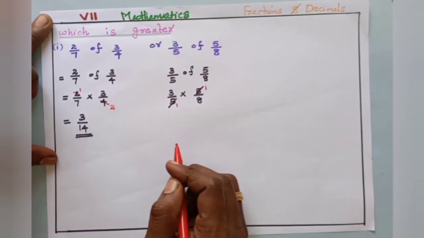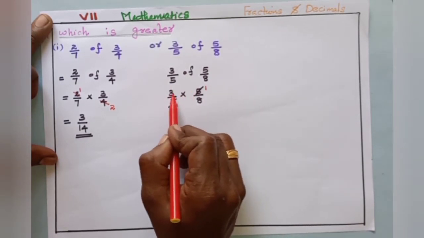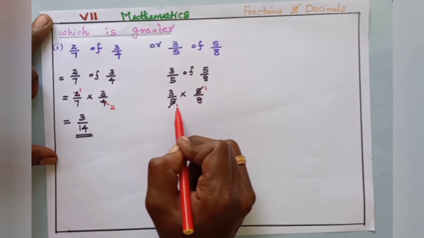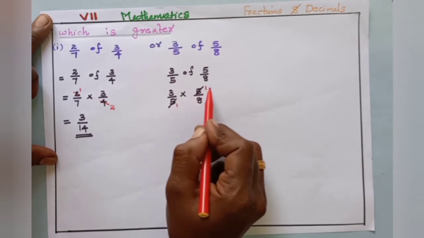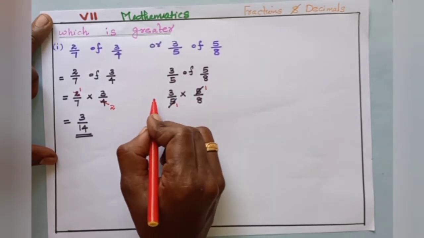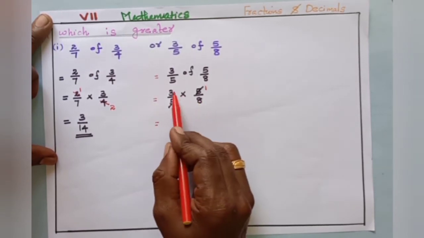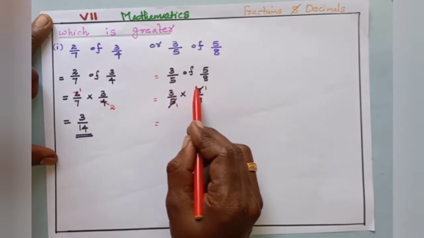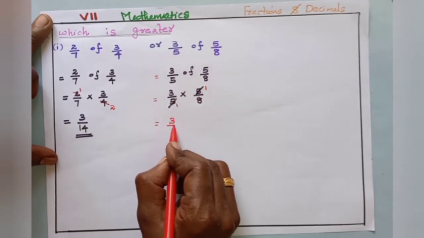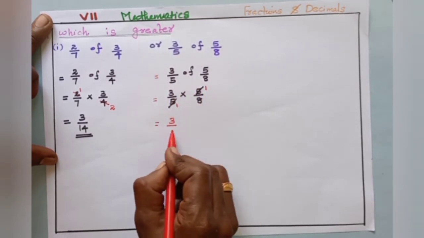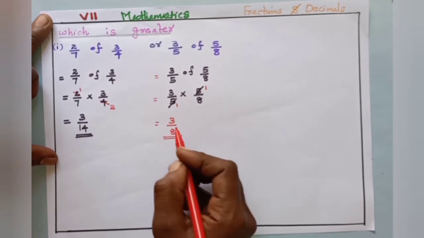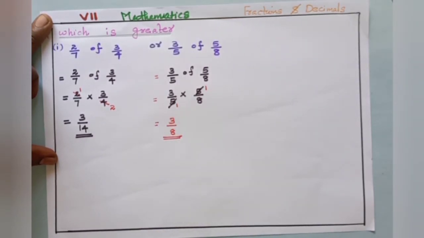In the numerator 3 and 1, in the denominator 1 and 8, no common factors. So cancellation is not possible. So multiply the numerators: 3 into 1, 3 by 1 into 8, 8. The answer is 3 by 8.